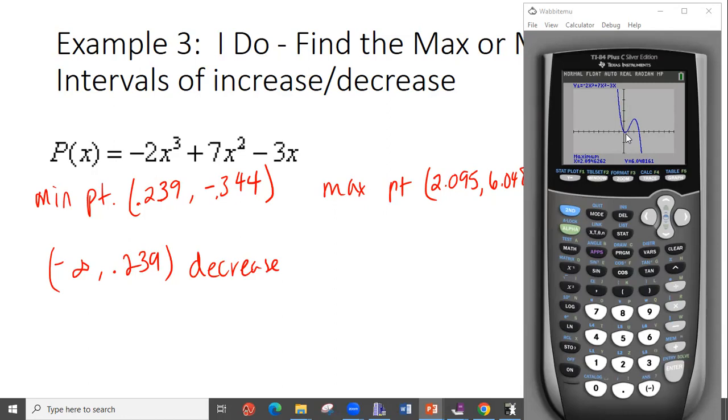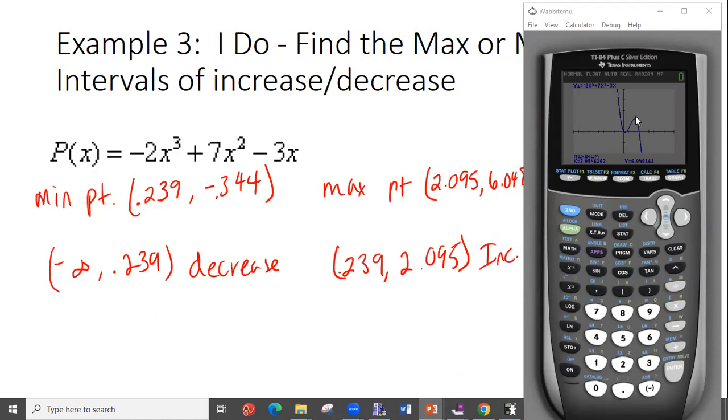And then from 239 to what's my next x value? So then from there, so from 239 thousandths to 295 thousandths, what is happening? It's going to be an increase.